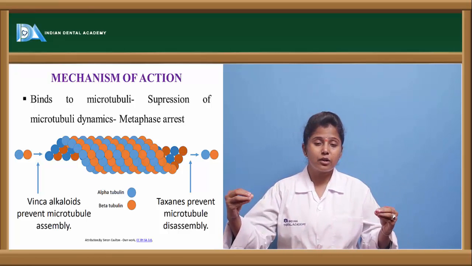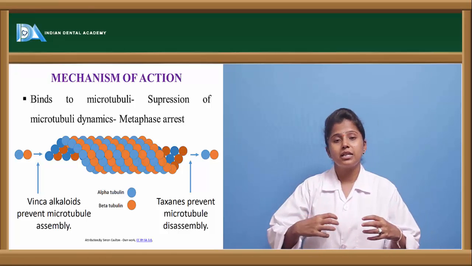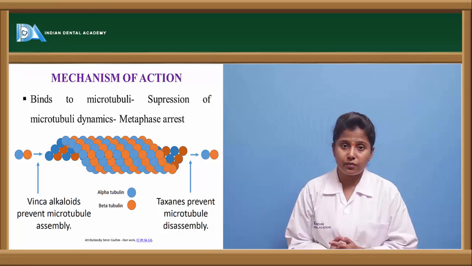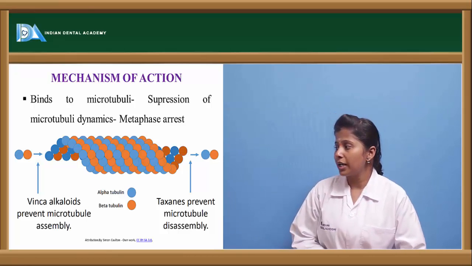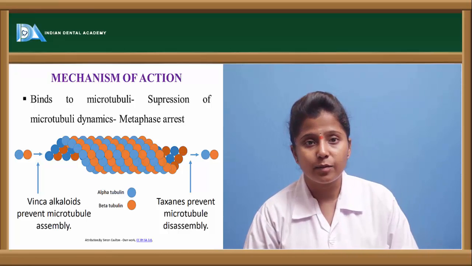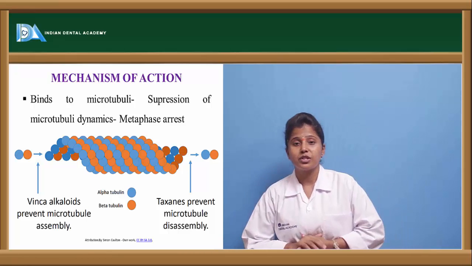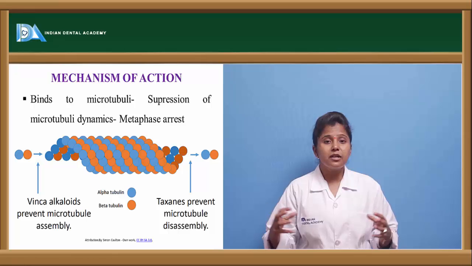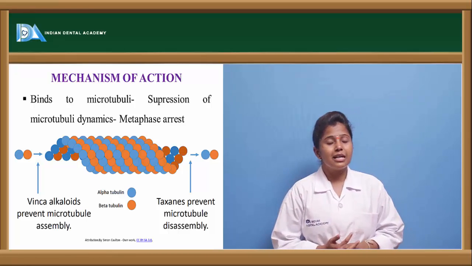The microspindles, or the spindle formation, only aids in the division of the cell. If the spindles are not formed properly, then the division won't take place. Here it binds to the microtubuli, suppressing the microtubular dynamics, and thereby metaphase arrest takes place. Metaphase is a phase in the cell cycle where the spindle formation is taking place, and the spindle formation takes place only when the microtubuli in the cell are generated.